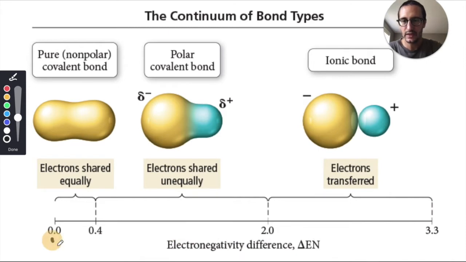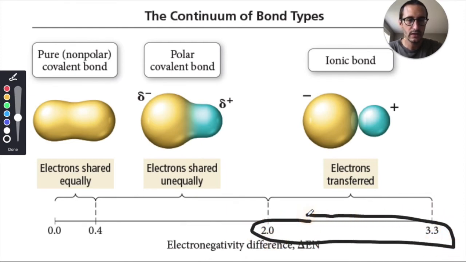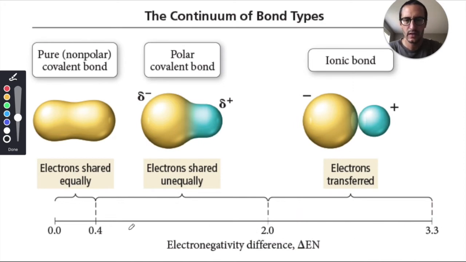If that difference is relatively small, then it's going to be nonpolar covalent. If we have a really big difference in electronegativity values, then that's an ionic bond. And if it's intermediate, somewhat different, then that's polar covalent.